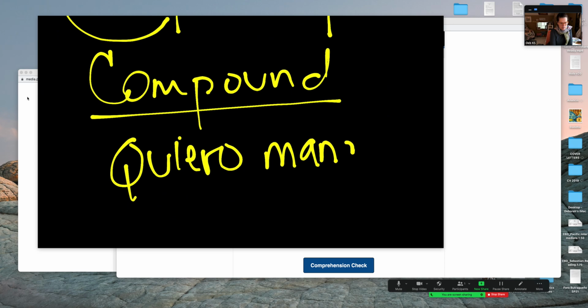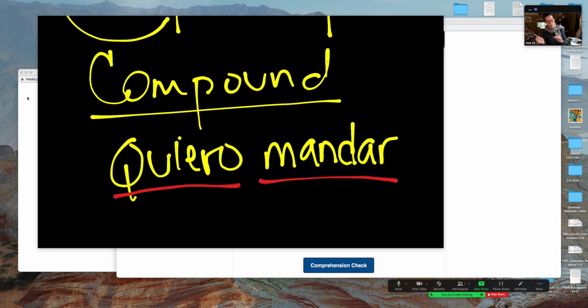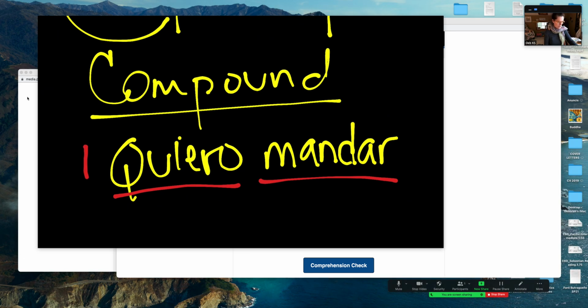Remember that they were sending a gift? Okay, so quiero mandar. Quiero mandar is actually the type of compound that has a conjugated verb and an infinitive. You see? Conjugated and infinitive. These types, you will be able to put that le before and after, like so.